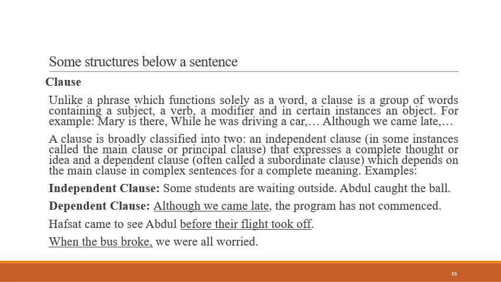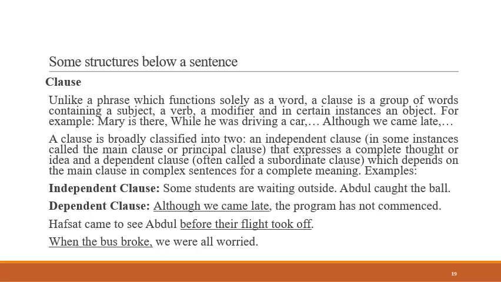For instance, although we came late, as you can see, it has been underlined. Recalling our explanation of subordinate conjunctions, we said that they introduce dependent or subordinate clauses. Although we came late, the program has not commenced. So we have two different clauses here. The first one is called a dependent clause, and the second one is called an independent clause.